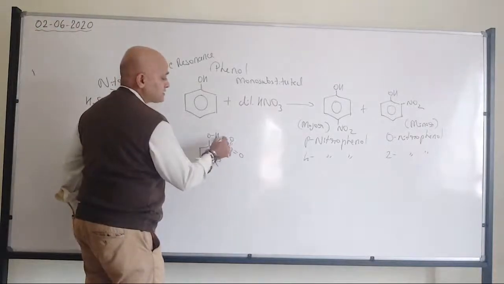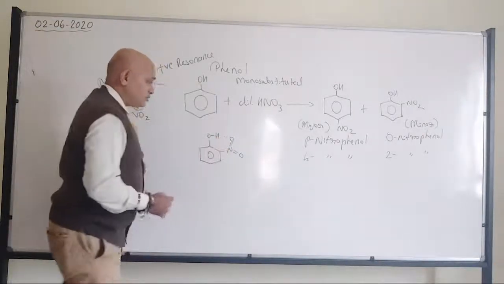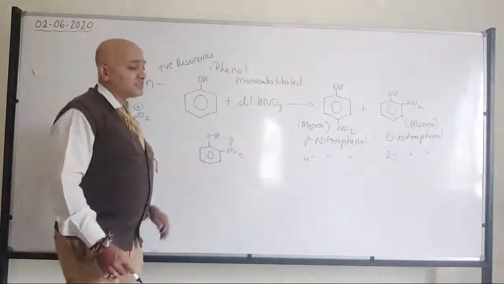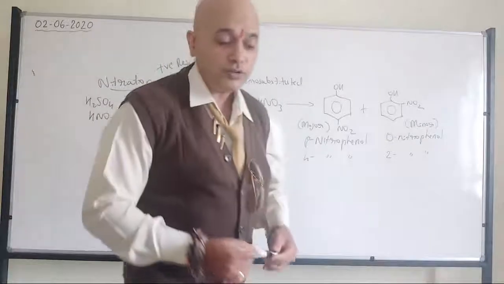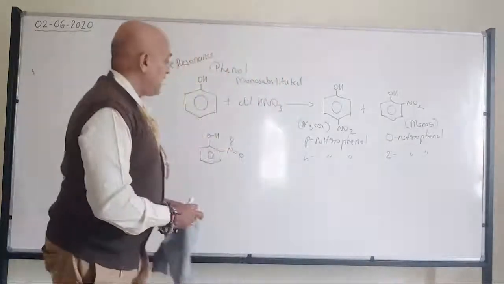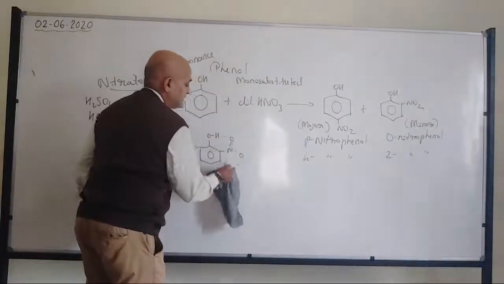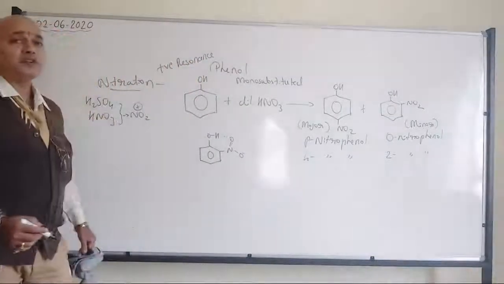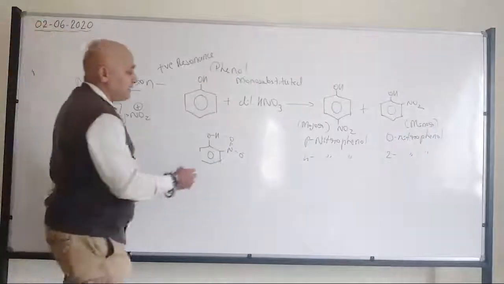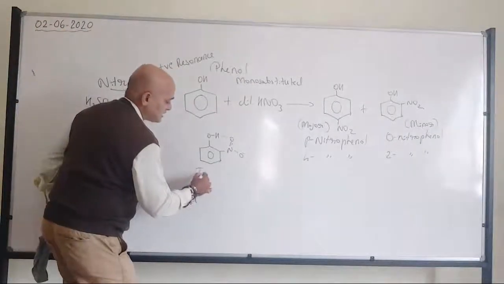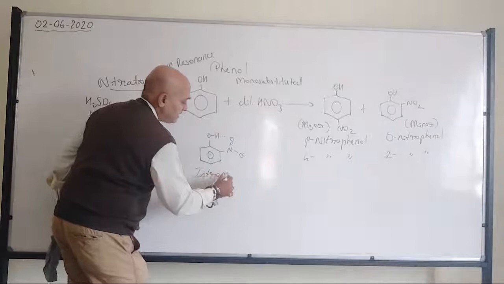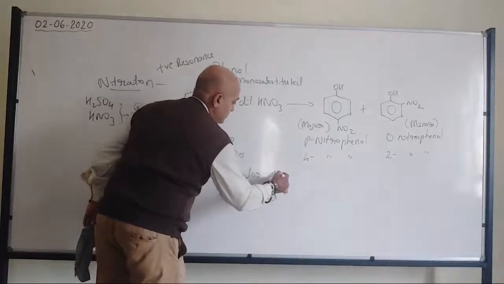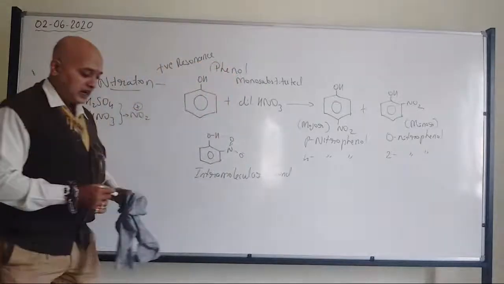Due to the presence of oxygen and hydrogen close to each other, they will have the affinity. They can easily form hydrogen bond with each other. That's where we have intramolecular. Please remember, this is nothing but intramolecular hydrogen bond.